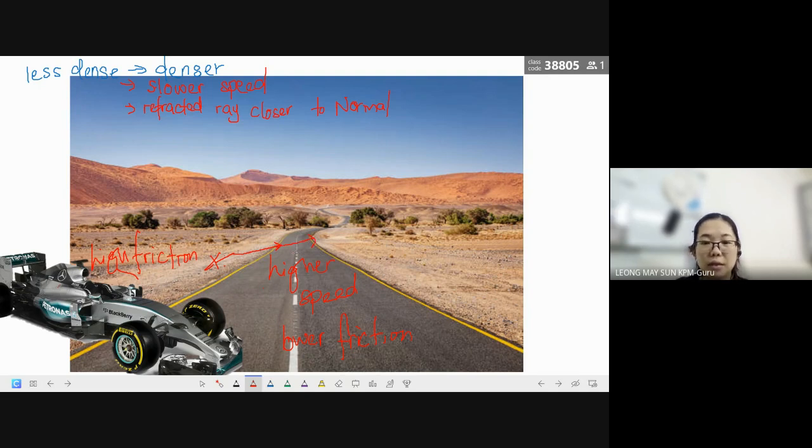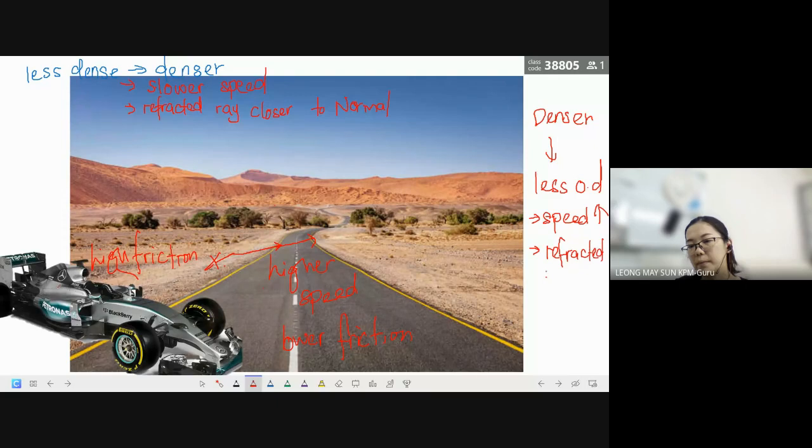So this situation is whereby it's moving from a denser to a less optically dense region. When it's moving from a denser to a less optically dense region, the wave speed increases. And when the wave speed increases, the refracted ray actually moves closer to the normal line.